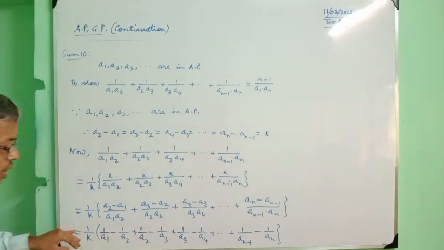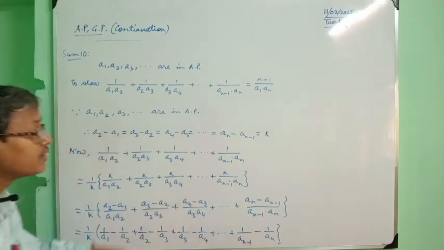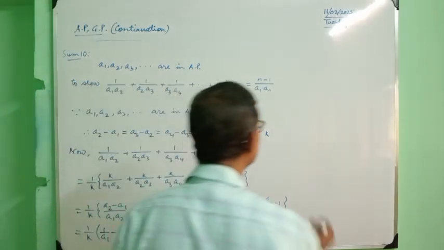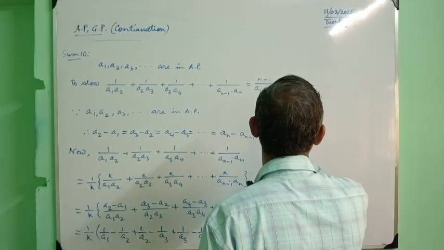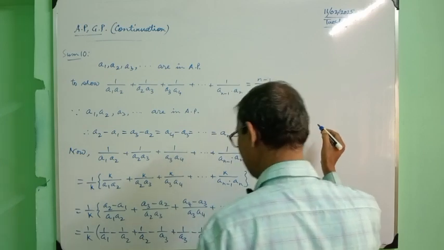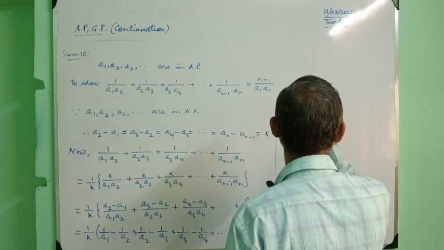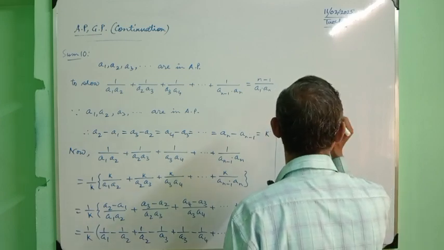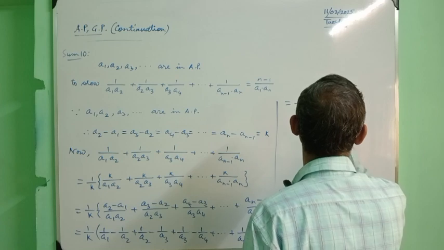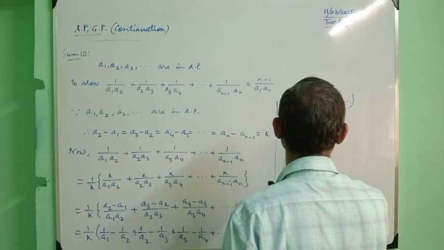That means all the terms except these two extremes will be cancelled. Therefore, the sum will be equal to 1 by k within brackets 1 by A1 minus 1 by AN.